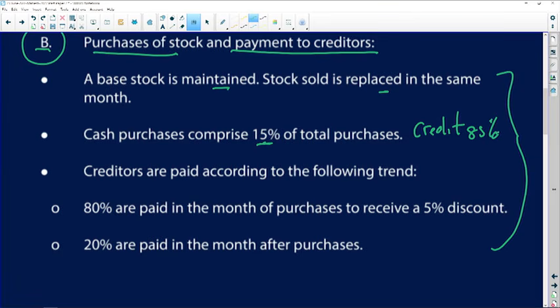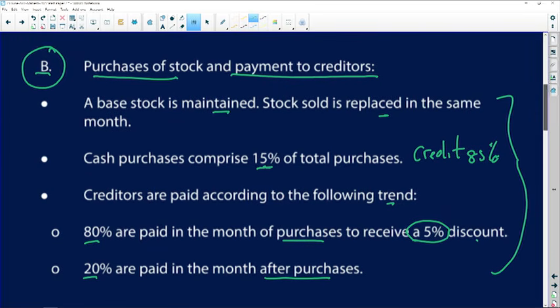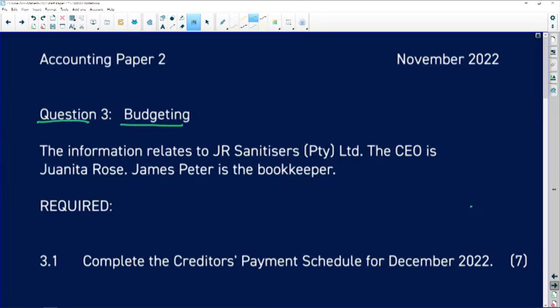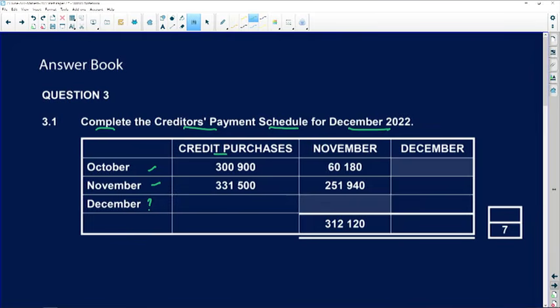Creditors are paid according to the following trend. 80% are paid in the month of purchase and you receive a 5% discount. 20% are paid in the month after purchase and obviously there's no discount. Right, so using this information, they now want us to calculate the creditors' payment for December.